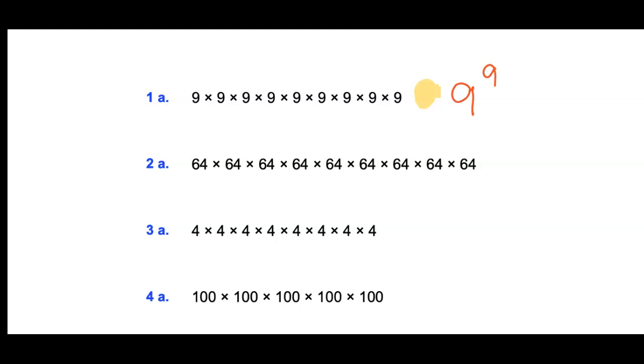I counted 4, 5, 6, 7, 8. This is 64 to the 9th. This is 4 to the 8th. And this is 100 to the 5th. So remember, you're not just multiplying those two together. You're actually timesing 4 8 times.